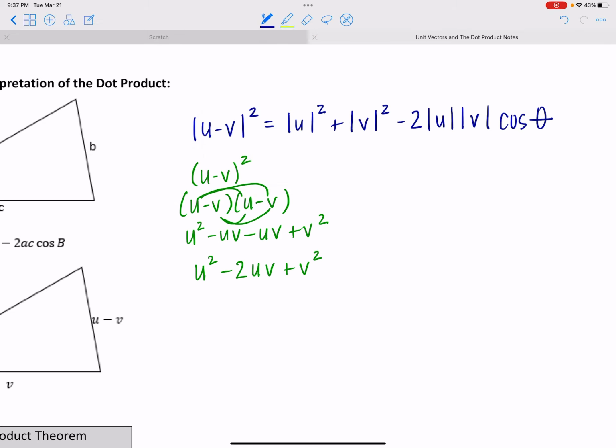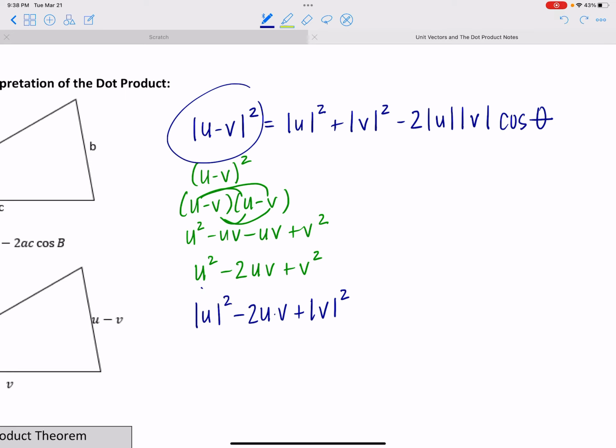When I simplify this, I have this u squared, but remember, it's not really just u, it's the magnitude of u squared, and then minus 2 u dot v, I'm going to leave in there because u dot v is my dot product, and I want to be able to show you how this connects. So instead of throwing the magnitude in there, I'm going to leave that as a dot product between those two vectors. And then v squared, remember it's not just v squared, it's the magnitude of v squared. So that's what I have now in place of this, is this, okay?